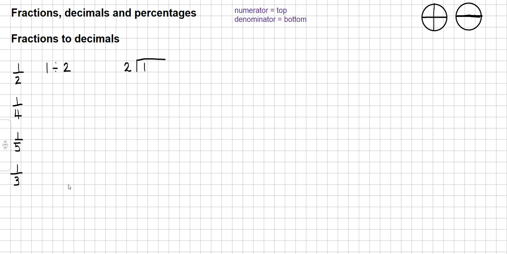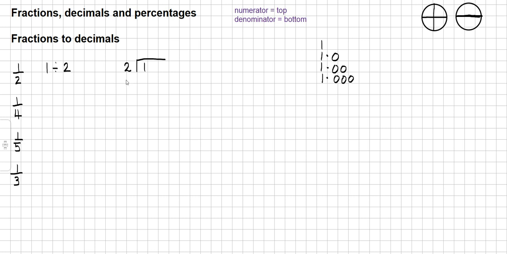Now, before we go any further, I think it's important for us to recognize that if we write the number 1, we could also write it like that, or like that, or like that, and so on. When we've got a decimal point after it, we can put zeros and it doesn't change the value of our number. And that is a useful bit of information for when you're dividing with fractions.